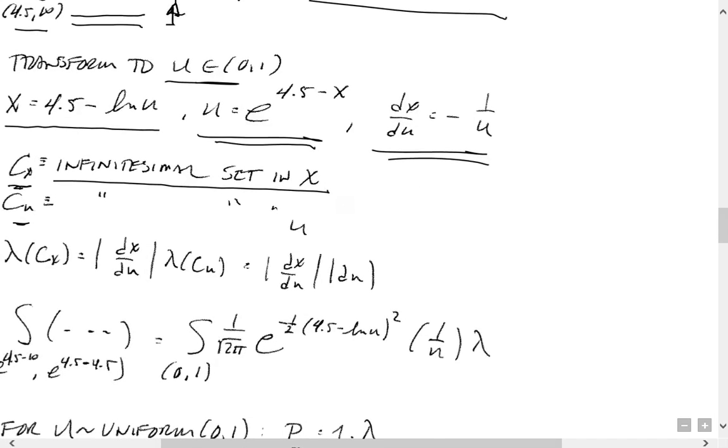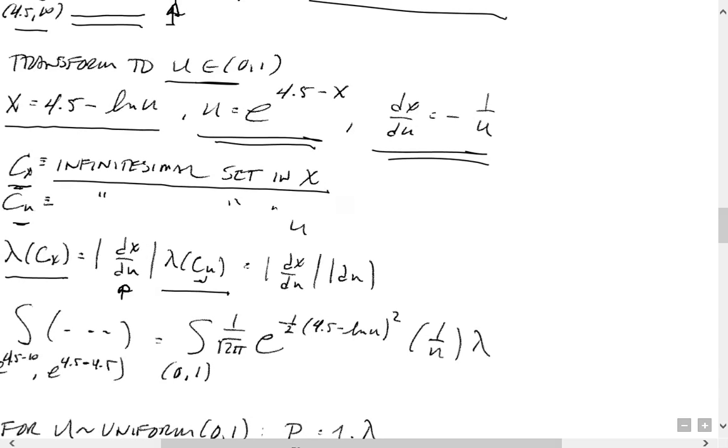The Lebesgue measure of our infinitesimal set of x is going to be the determinant of the derivative of x with respect to u times lambda c sub u.